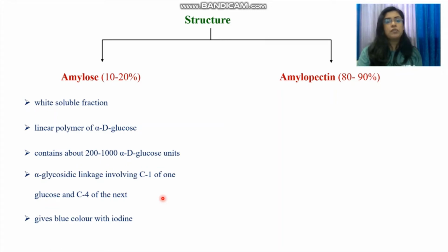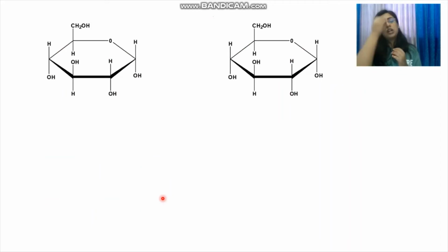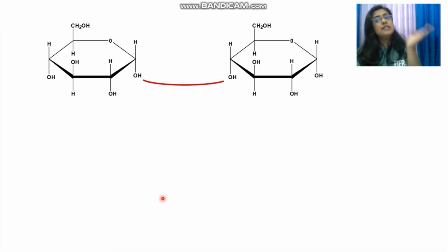Okay. So, to talk about the structure, if you look here, we can see two individual glucose units kept one next to the other. Now, where does this linkage take place? The linkage occurs between the first carbon of the first glucose unit and the fourth carbon of the second glucose unit.